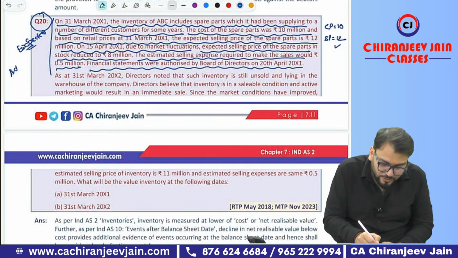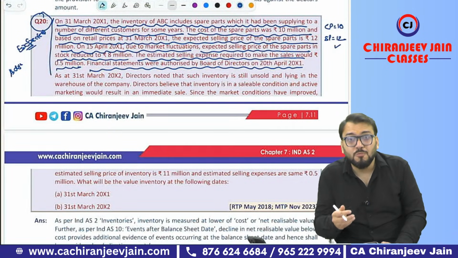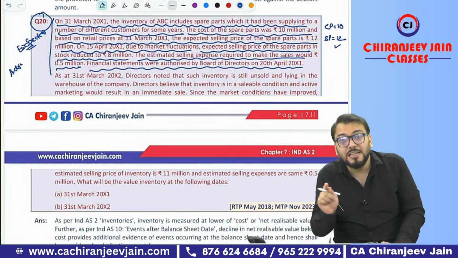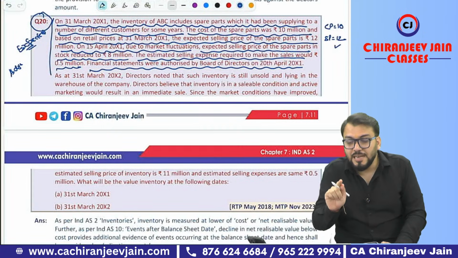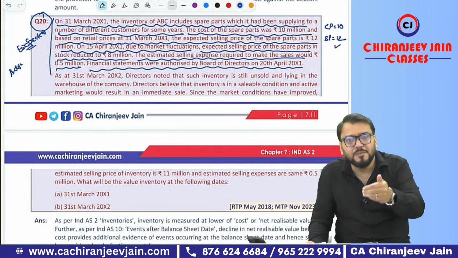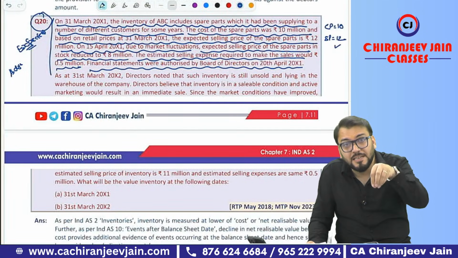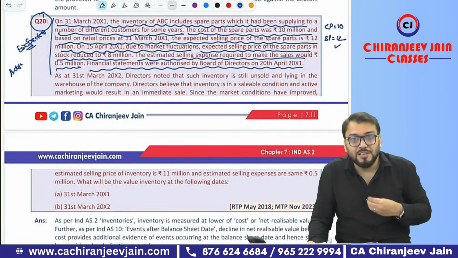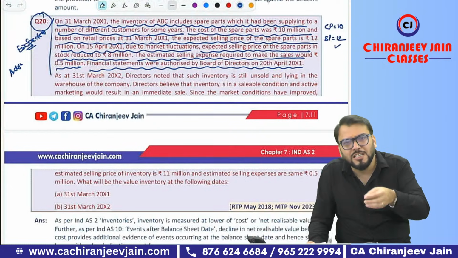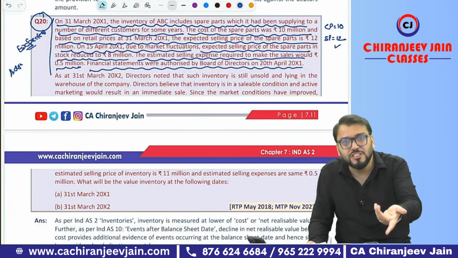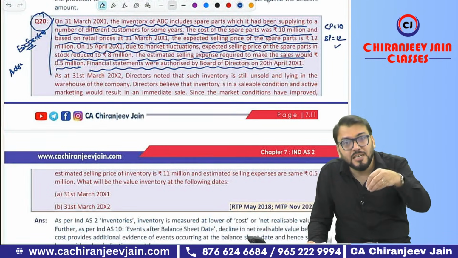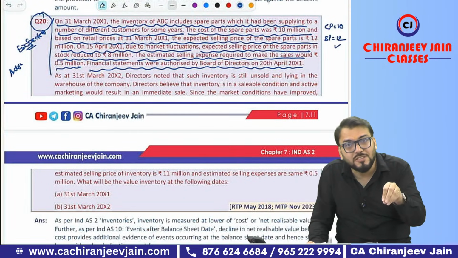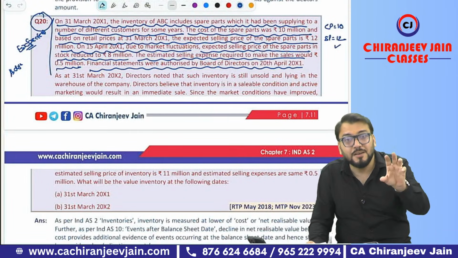Everyone is saying adjusting, so of course it is an adjusting event. If some of you are saying non-adjusting, let me clarify. When I say NRV, NRV is an estimated selling price, and market fluctuation information is always available to a businessman on 31st March. Suppose you are a dealer of mobiles or any electronic equipment, whatever market fluctuation there is, you know about it as a businessman. That information is always available on 31st March. Therefore it relates to the condition existing on the balance sheet date, and therefore it is an adjusting event.